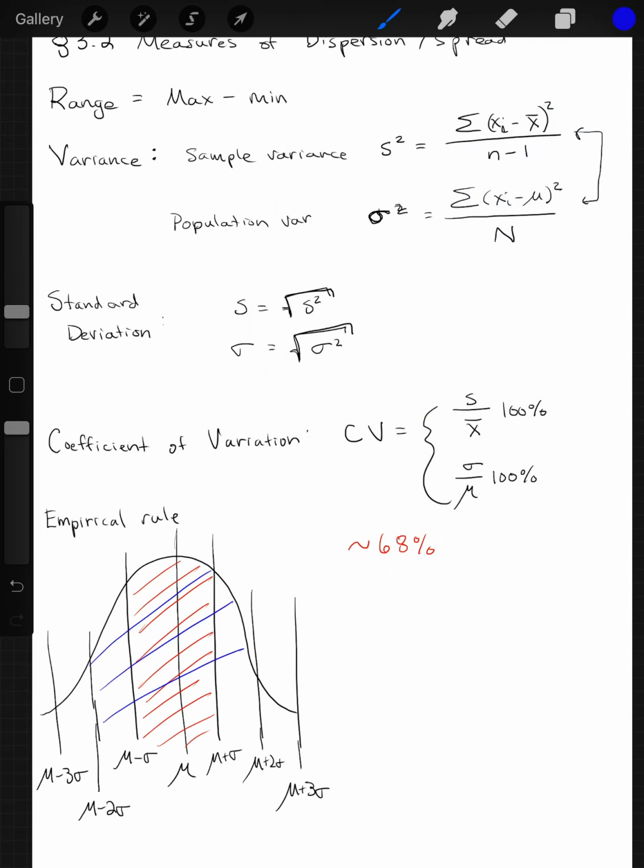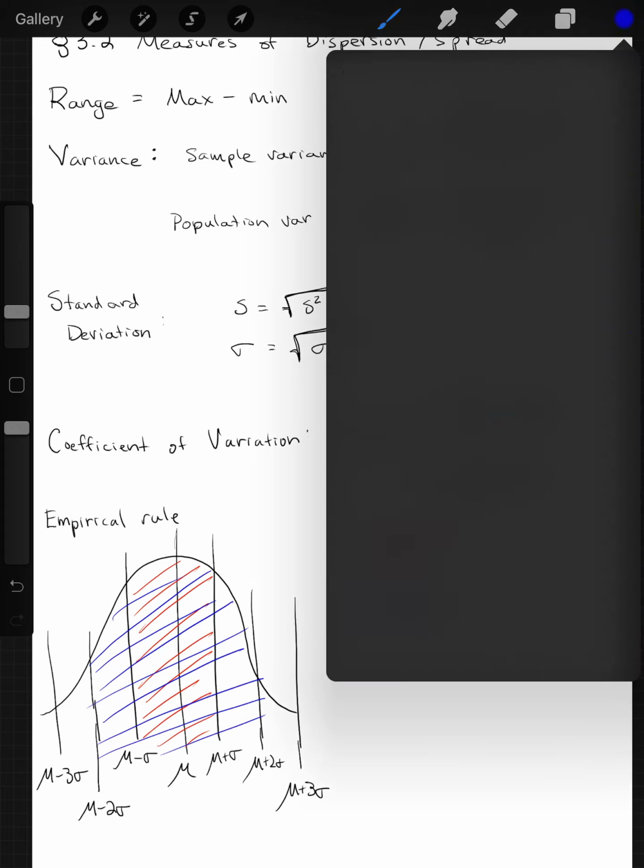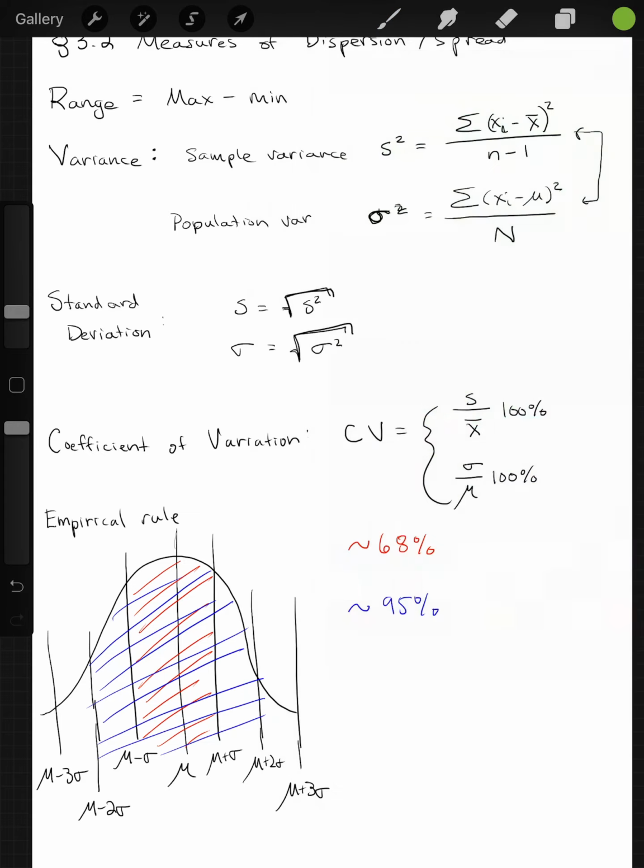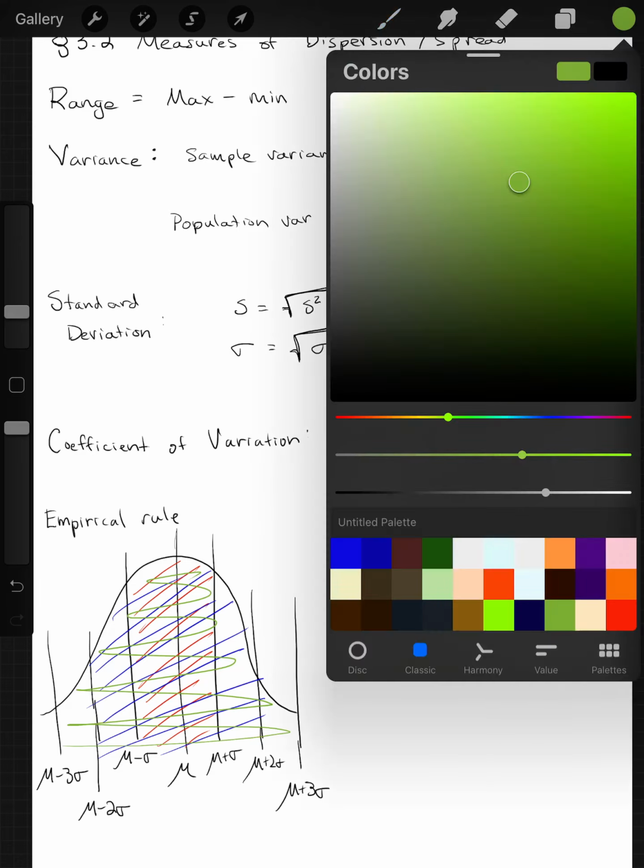This one, if we go out 2 standard deviations, is approximately 95%. And this one, if we go out 3 standard deviations, is approximately 99.7% of the data.